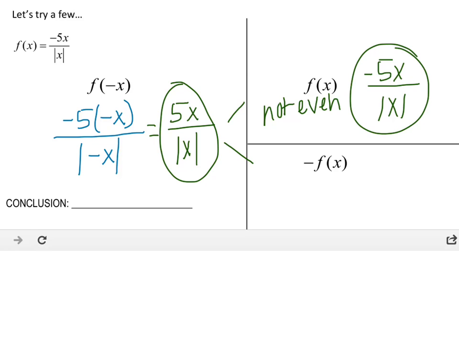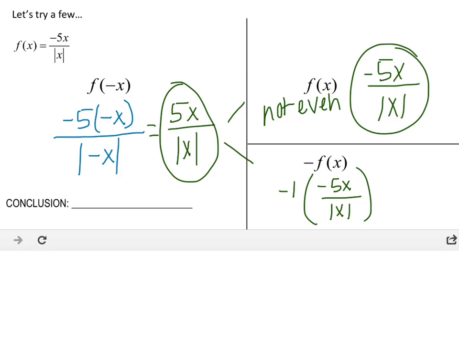Down here, you're going to multiply the original function by -1. So there's your original function, -5x over the absolute value of x, and there's our -1 out front. Just be careful with this. Multiplying by -1 seems really simple, and it is, but with fractions, you don't multiply that -1 by everything in the fraction.